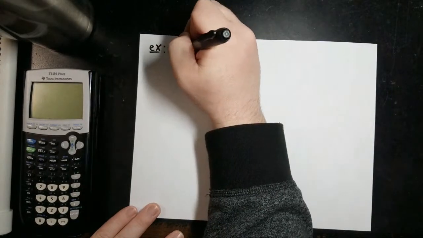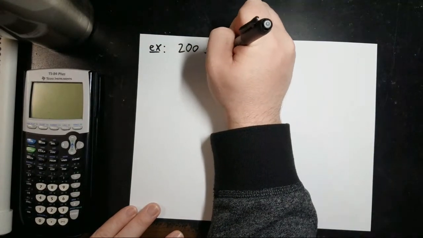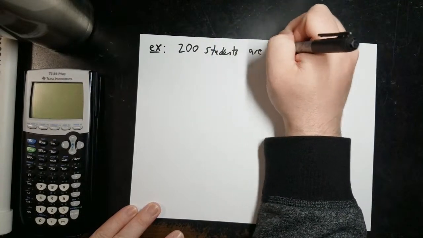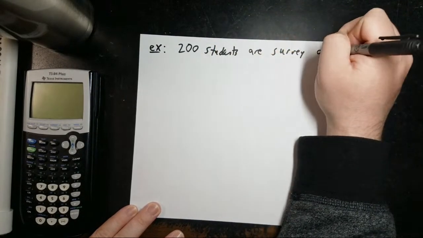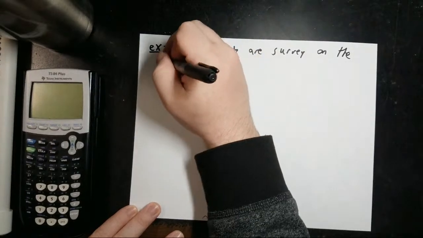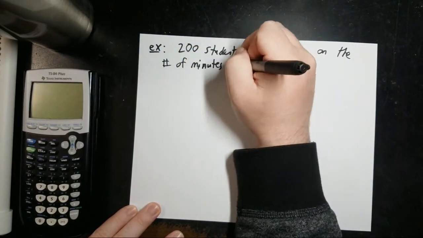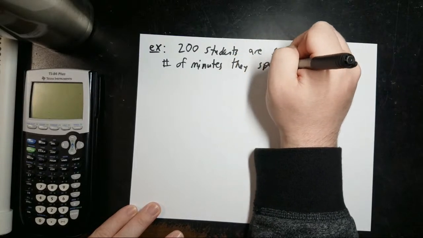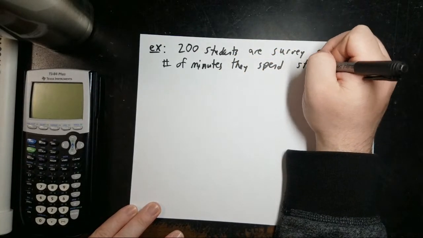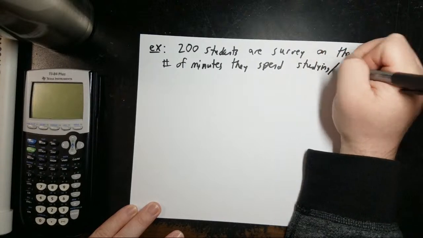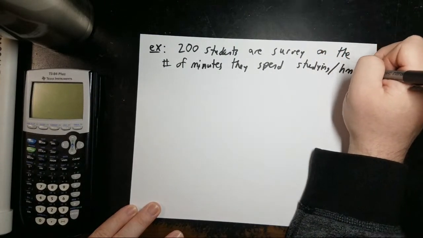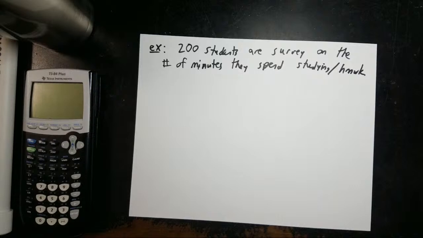Example. 200 students are surveyed on the number of minutes they spend studying or doing homework, let's just say. Studying and homework combined.